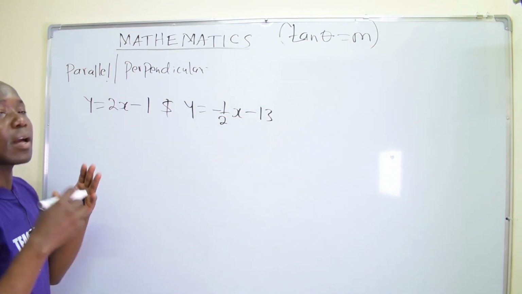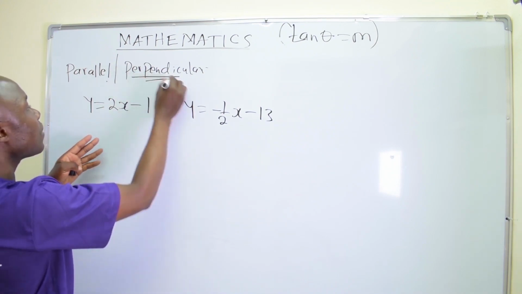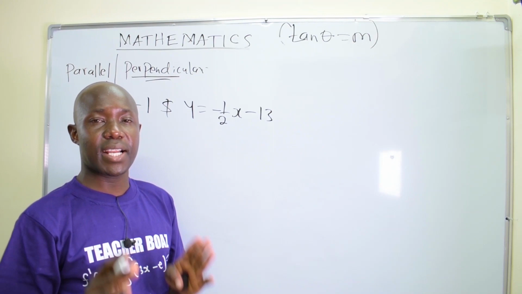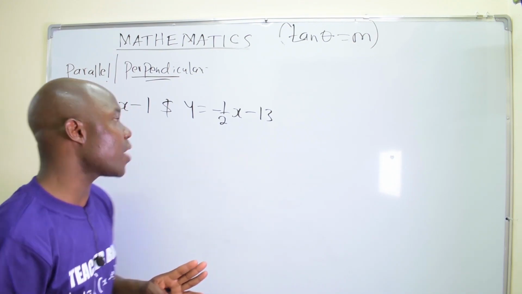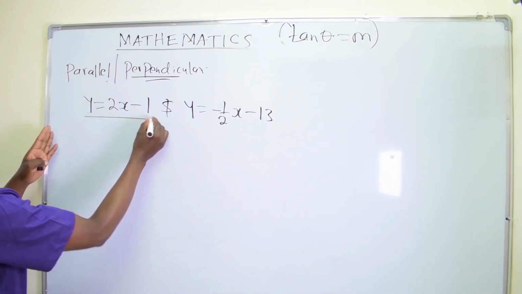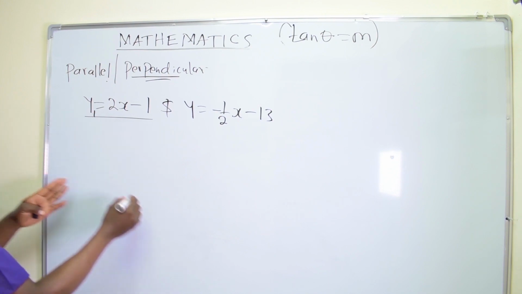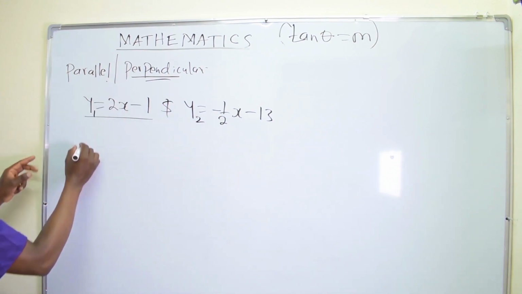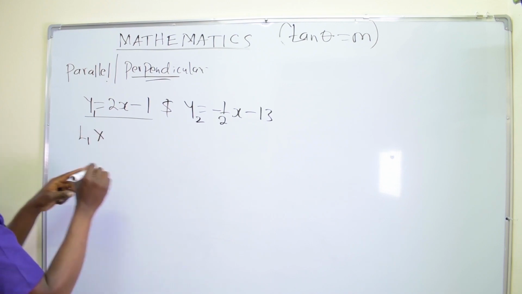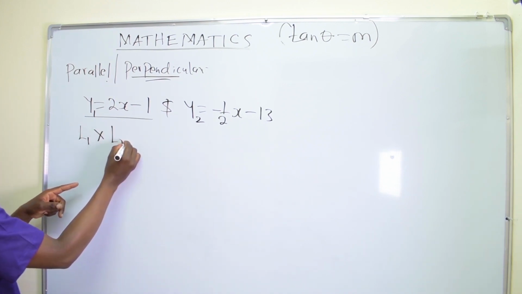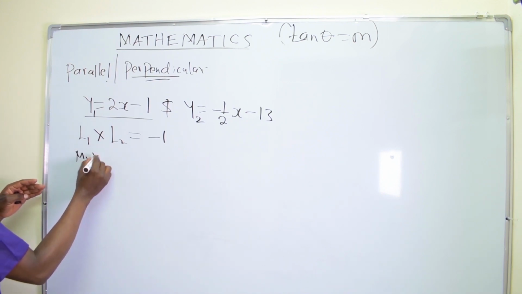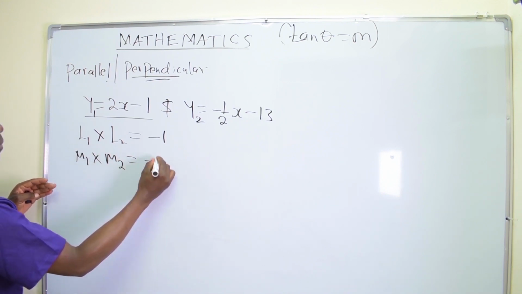I will just summarize it, because the two lines can only be perpendicular if the product of their gradients becomes negative 1. If this is your line 1, call it y1, and this is your line 2, call it y2, then if I take the gradient of line 1 times the gradient of line 2, I must get negative 1, or using m1 times m2 becoming negative 1.